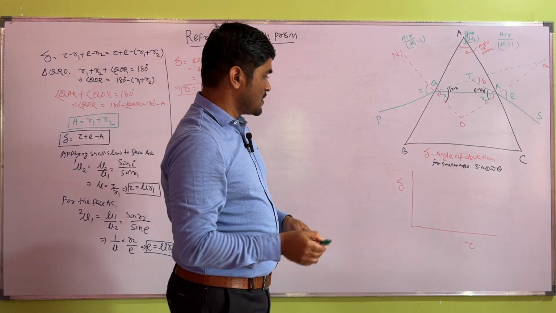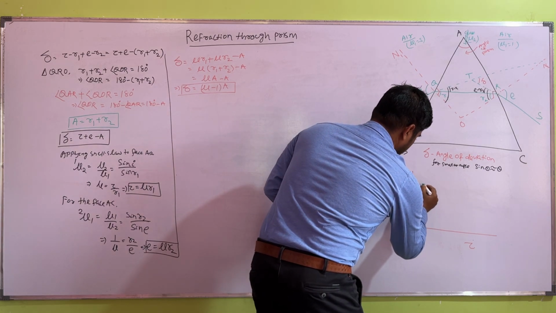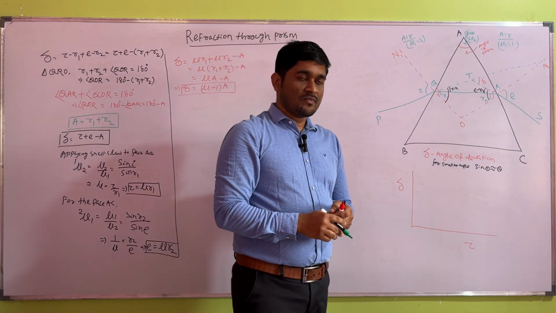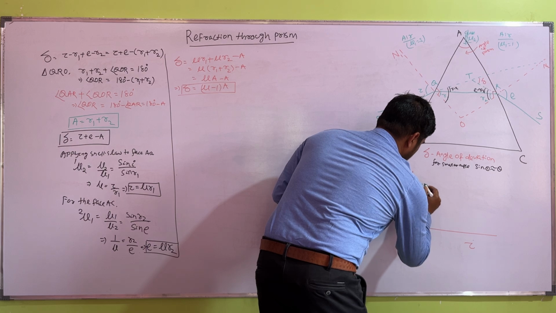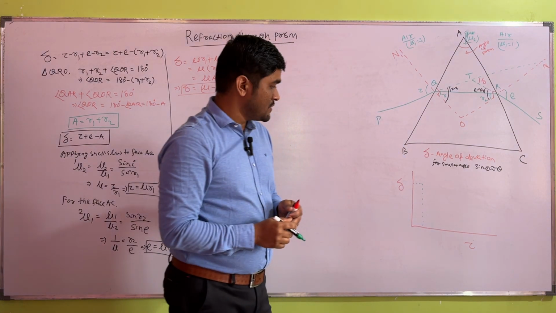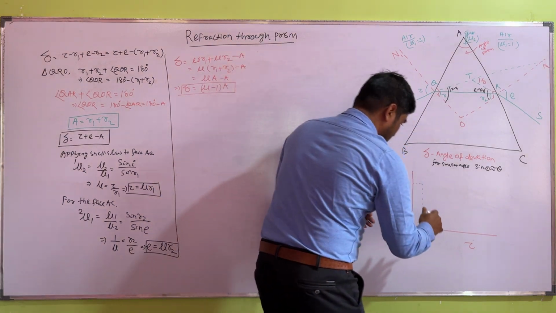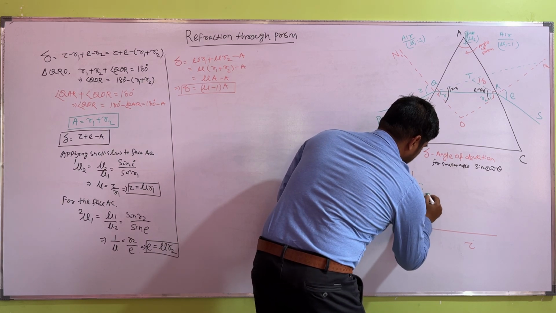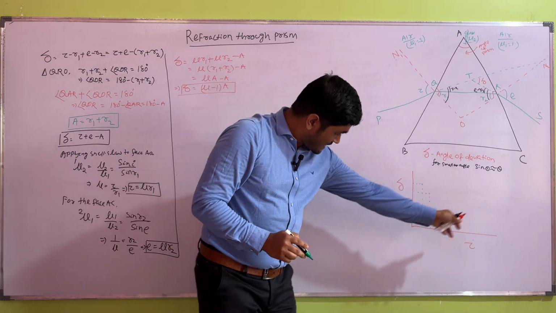First you can observe from the practical class that this is the angle of incidence, and this is the angle of deviation from the graph. If you further increase the angle of incidence, you can observe the angle of deviation decreases. That means by increasing the angle of incidence, the angle of deviation decreases.